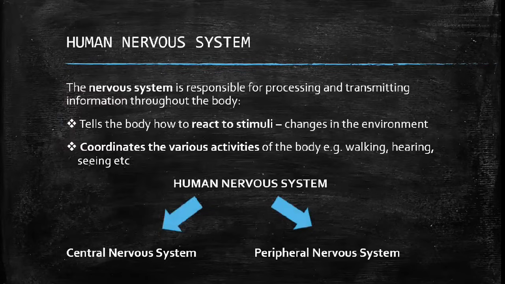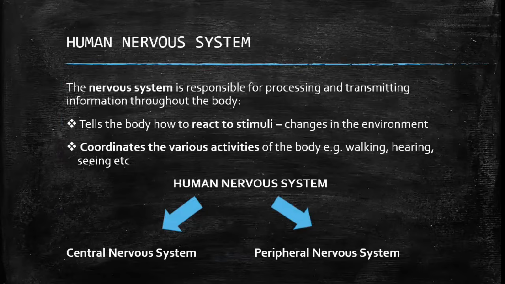As I told you guys, we need to know what is the nervous system. Now, the nervous system is a system that is responsible for processing and transmitting information throughout the body. And it tells the body how to react to stimuli, which is the changes in the environment.